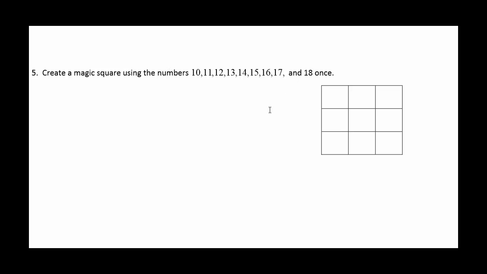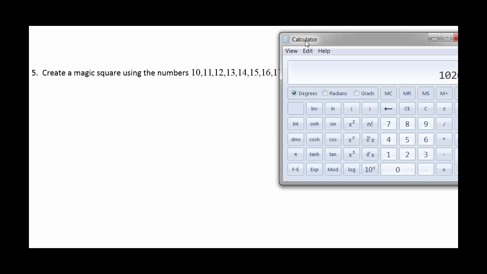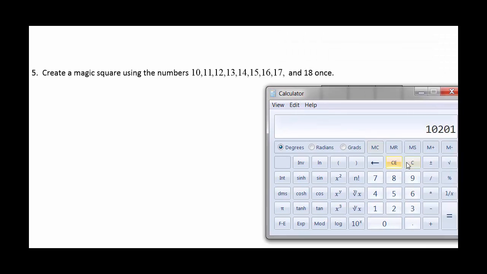So let me add up these numbers real quick, and we're going to take that and divide by 3. So 10 plus 11 plus 12, 13, 14, 15, 16, 17, and 18.